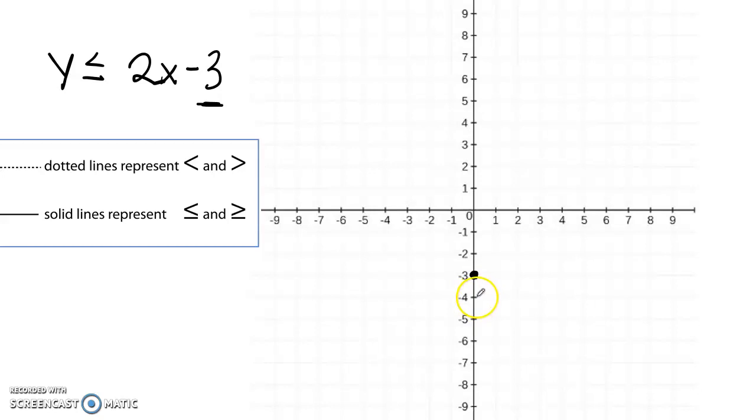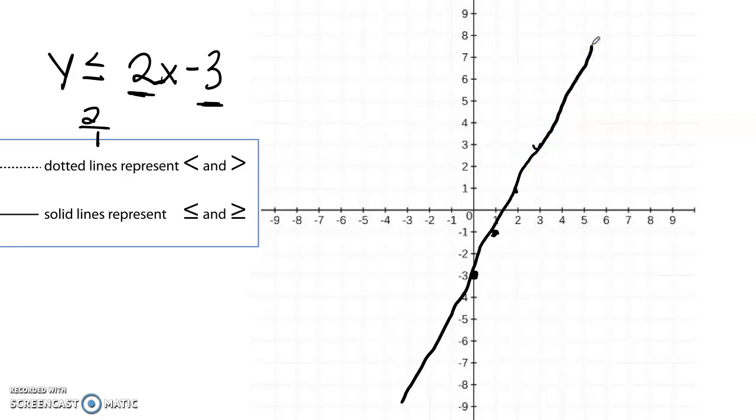My y-intercept is -3, so I'm going to go down 3 on the y, and my slope, in fraction form, would be 2 over 1. So that means my rise is 2. I go up 2 over 1, up 2 over 1, 2 over 1. And this is not perfect, but this would be my line.